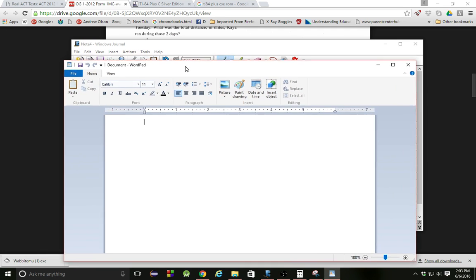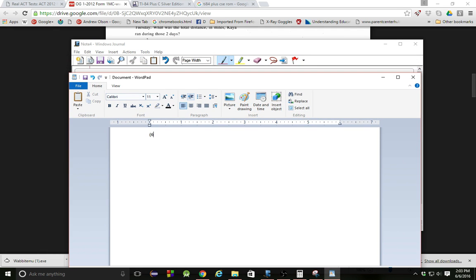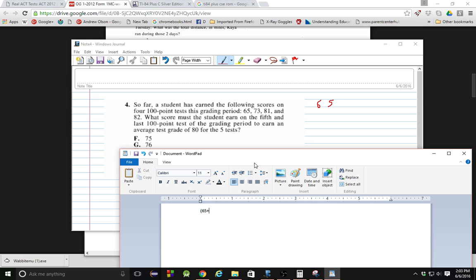In order to get an average, you do 65 plus 73 plus 81 plus 82 plus x. X is the score that they're going to earn on the fifth and last 100-point test, and you divide that by the number of tests that we have, which is 5 in this case.